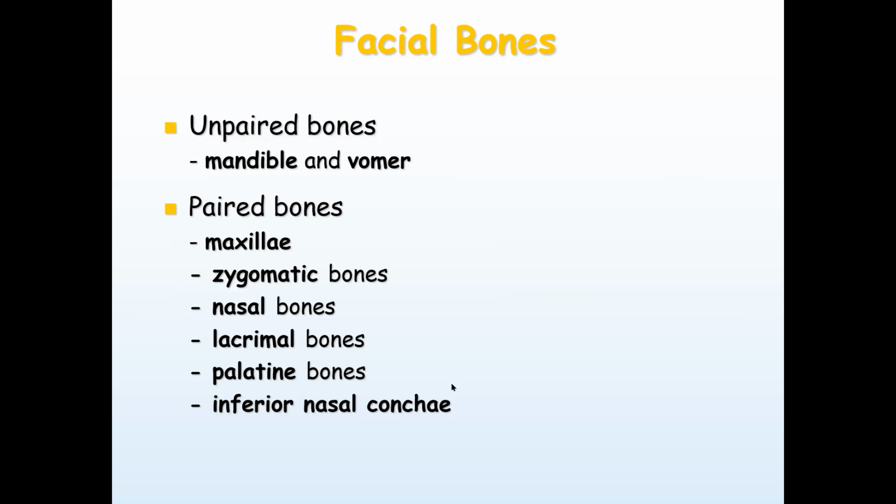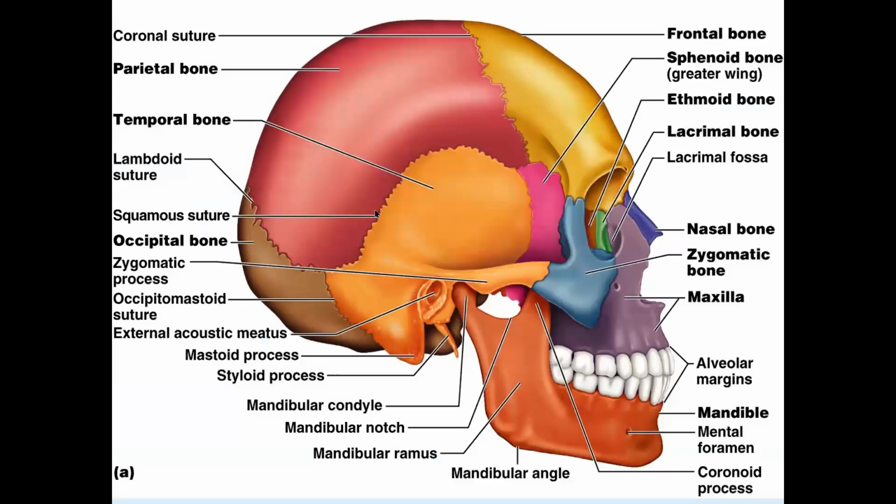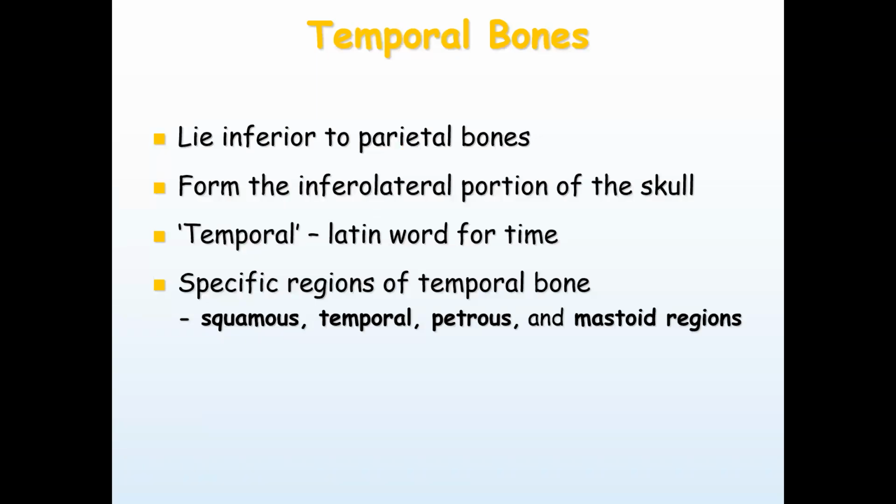Okay. For our purposes, remember, we're just introducing these things. We don't need to get that far into them. So once again, just be aware, the temporal bone has these regions. I'm not going to ask you about what each region does or what they're associated with. Just be aware of the regions, okay?